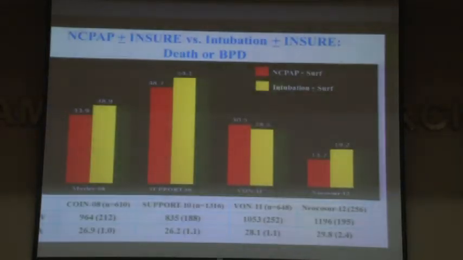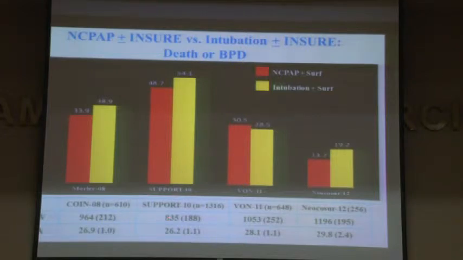So here are four major studies that have been published. Work from Morley, 2008, from Australia, multinational study; the SUPPORT trial from the United States, a very large number of babies, 1,316 babies randomized to CPAP or intubation; another one, the Vermont Oxford Network trial, published in 2011; then the South American Neonatal Network study, published in 2012.